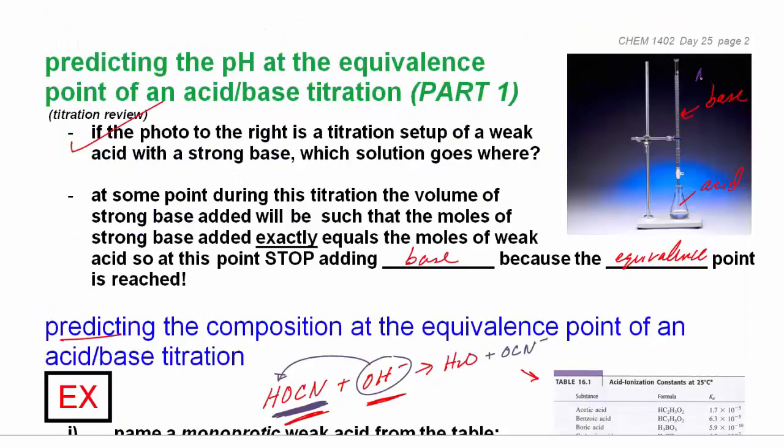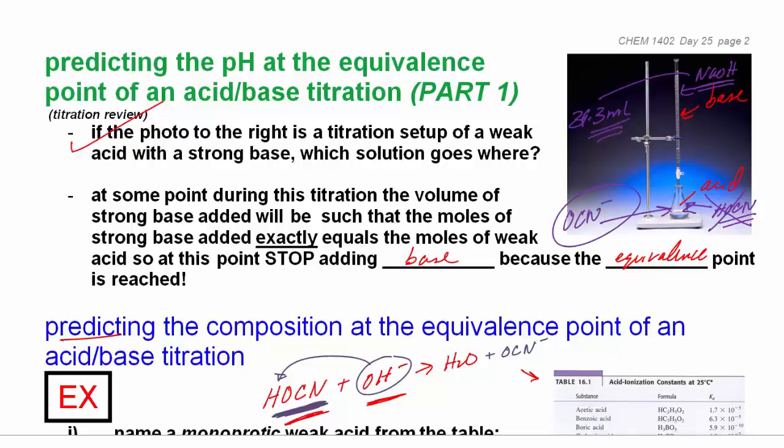So what we did is we titrated. We had NaOH in our burette. We had HOCN, cyanic acid, in the Erlenmeyer, right? If we added exactly 39.3 mils of that stuff, we reached the equivalence point. And all I had present then, I didn't have cyanic acid anymore, I had OCN minus.